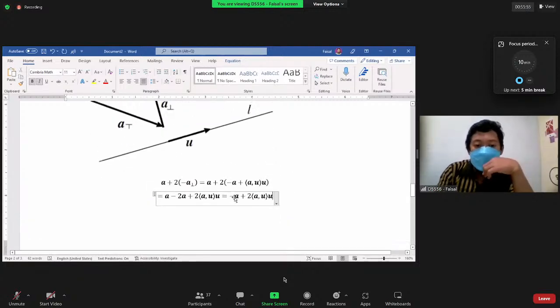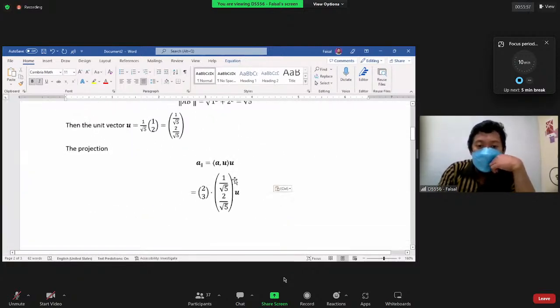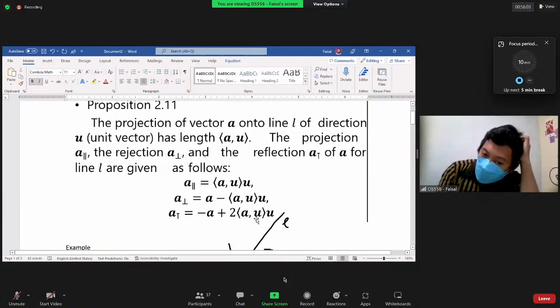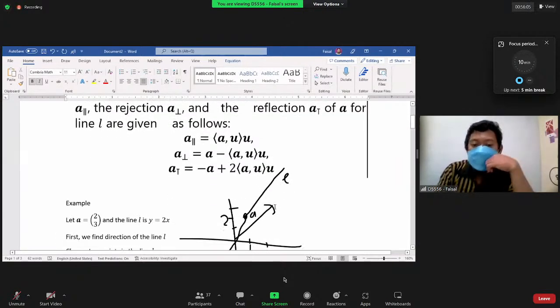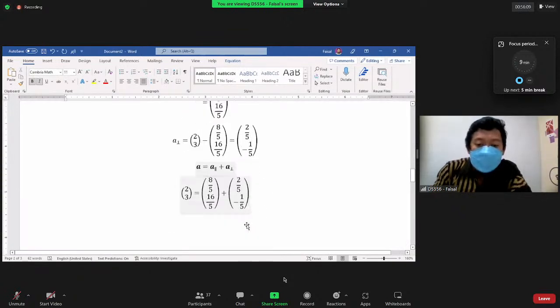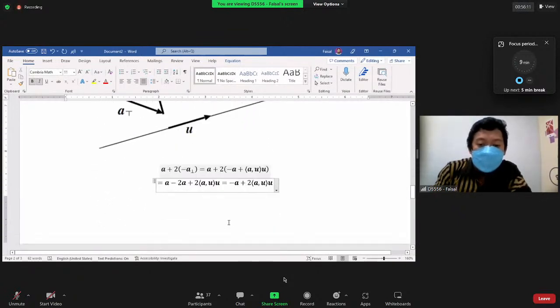So we get the formula: minus A plus 2 times the inner product of A and U times U. That's the proof of the formula.